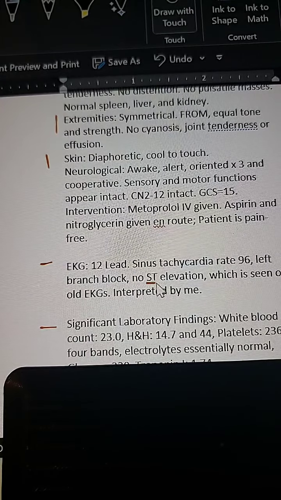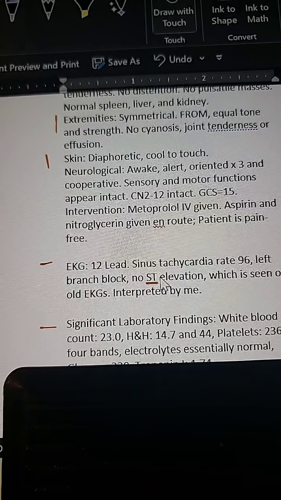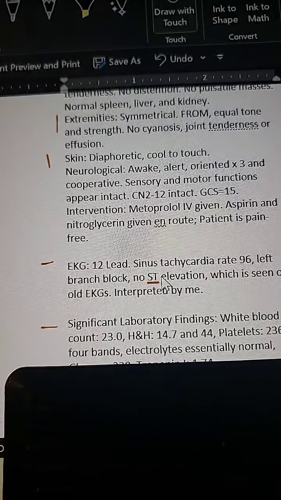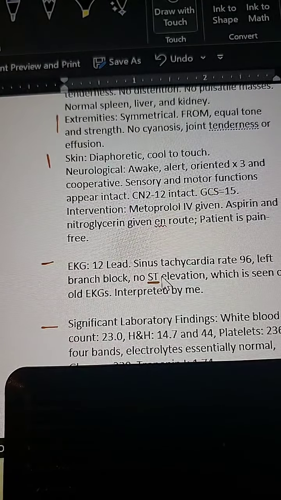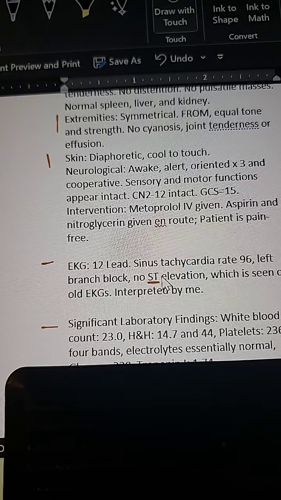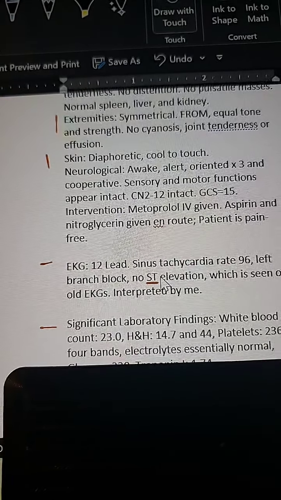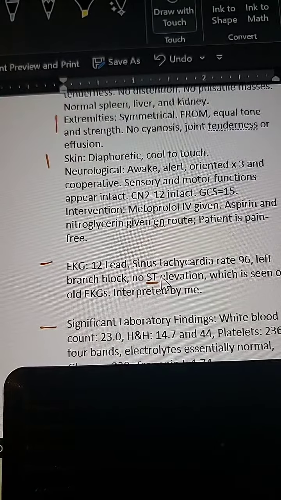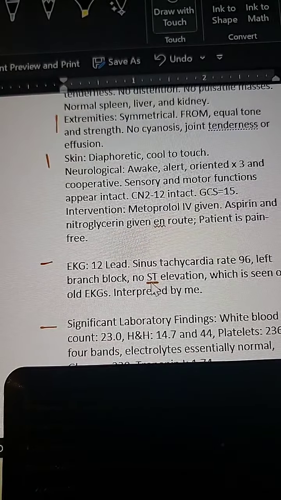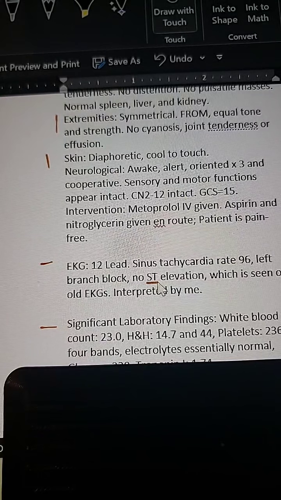It did say no ST elevation, but what did I21.4 say? Non-ST elevation. But it says no ST elevation. But the EKG said no ST elevation, so it's not going to be the 4.